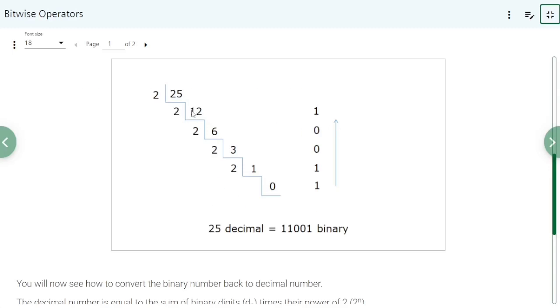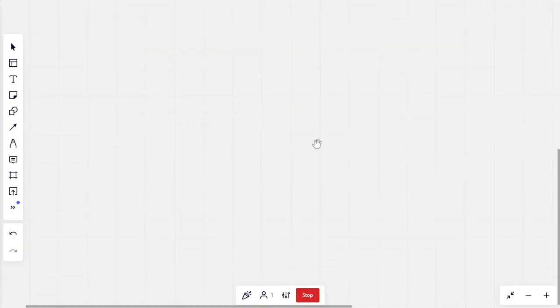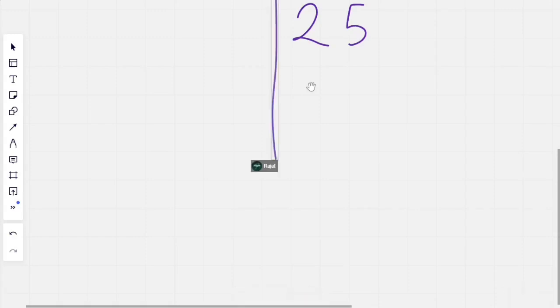So let us take this example here. Here we have the decimal number 25, and we are trying to get the binary representation of this number. Let's see how we can do it. Let me go a bit down to get a nice empty area. So suppose I have this number 25 and we need to divide it by 2.